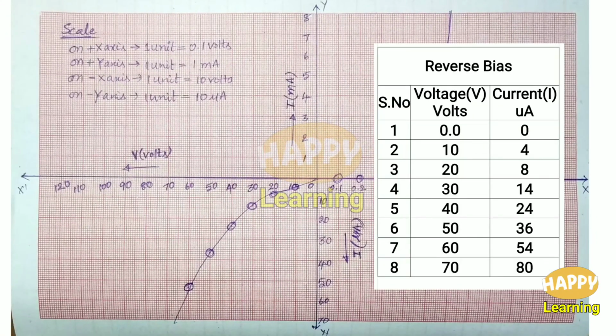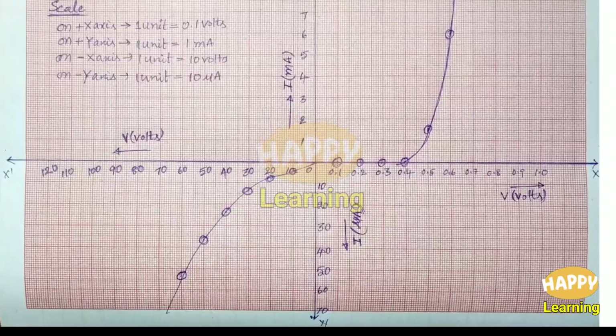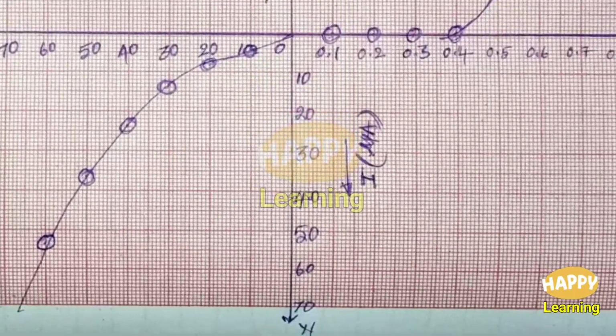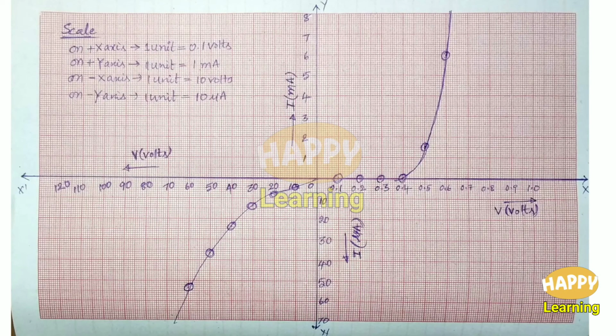Then the reverse bias readings from the table are taken and the graph is drawn in the fourth quadrant. That is, voltage is taken on the negative x-axis and current in microamperes on the negative y-axis. After noting the points, if you join them, this graph is almost flat and almost parallel to the negative x-axis, and then suddenly becomes parallel to the negative y-axis.